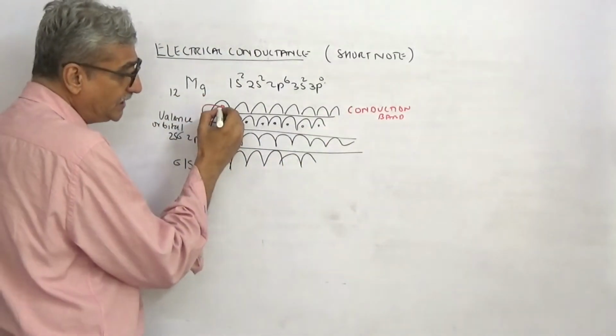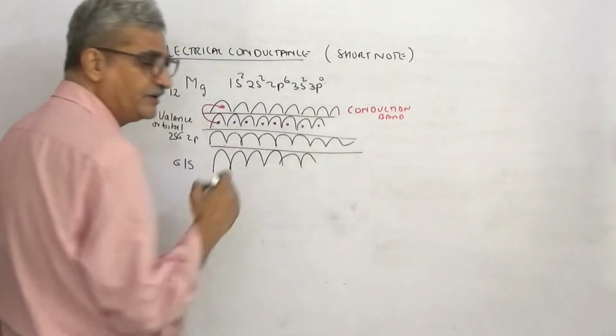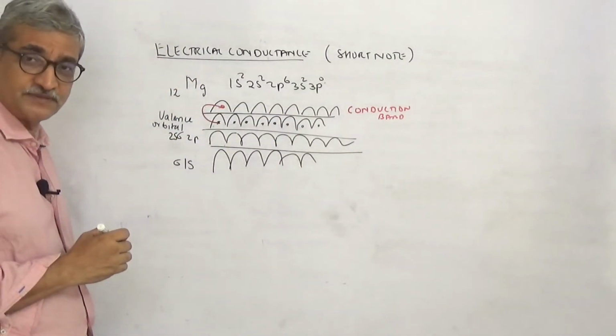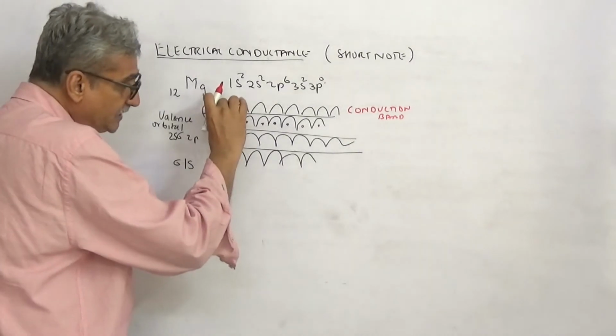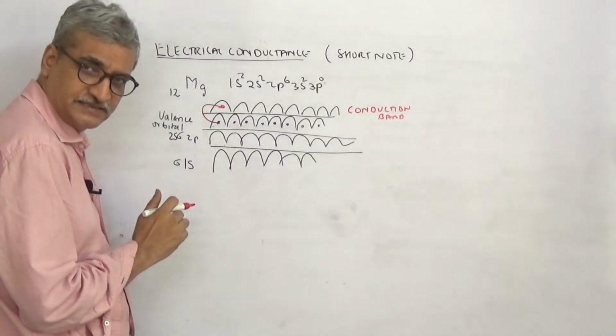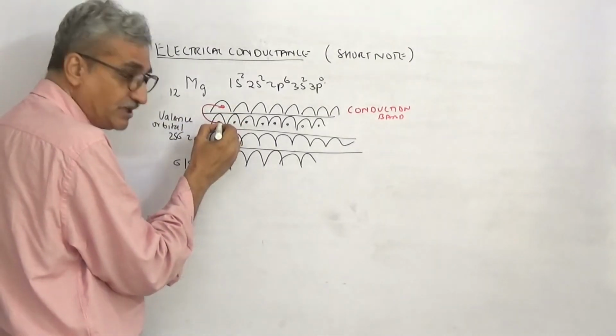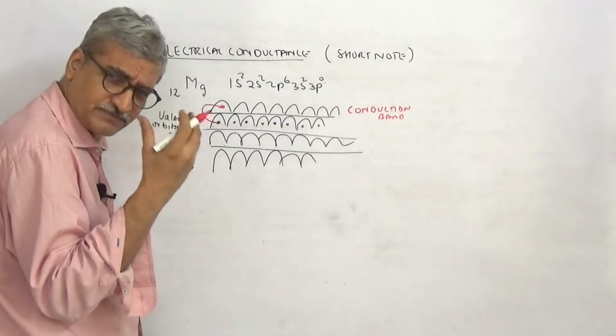So in this conduction band, now when it's jumping from here to here, it has a free path. Now nobody is going to obstruct it. No other electron is going to obstruct it. So since the distance between the valence band and the conduction band is less, the electron jumps. At an atomic level we are trying to explain the conductance.